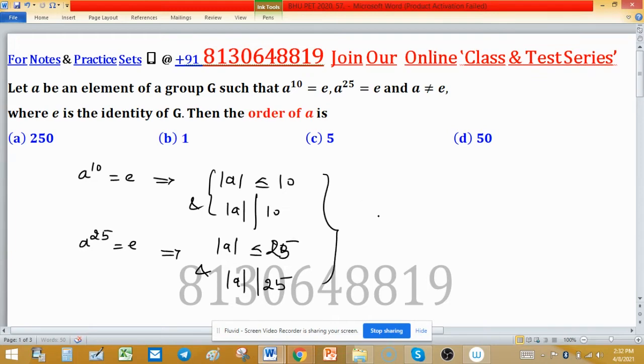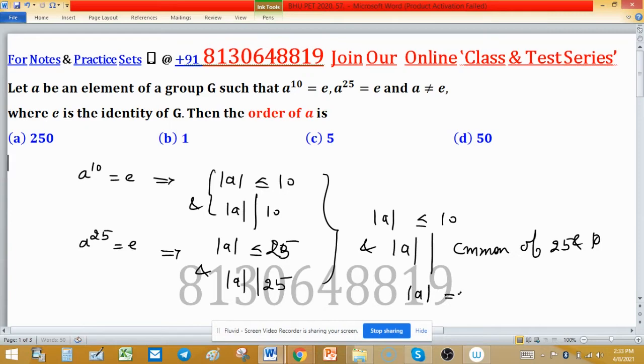It means that order of A divides the common factor of 25 and 10. Means order of A will be the common factor of 25 and 10. It means that order of A is 5.